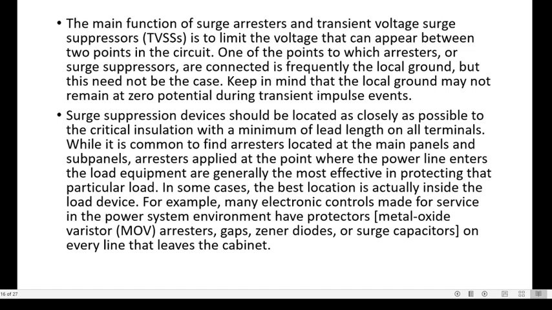In some cases, the best location is actually inside the load device. For example, many electronic controls made for service in the power system environment have protectors like MOV arrester, metal oxide varistor arrester, the gaps, Zener diodes or surge capacitors.